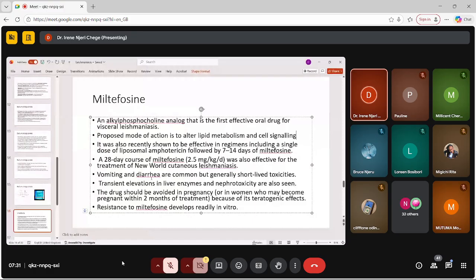Because of the similar sterol composition in both the fungus and the Leishmania. I think you've covered amphotericin B before in terms of side effects. Now, what is this Kala-azar?